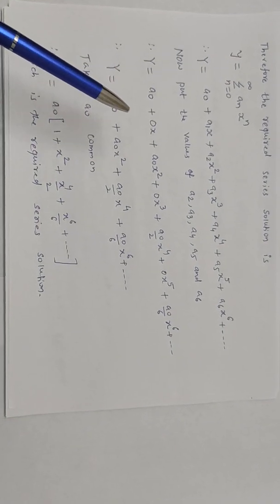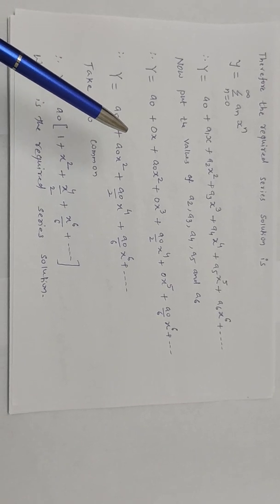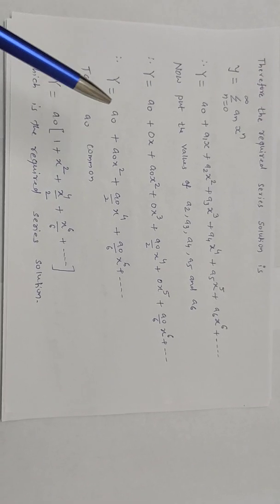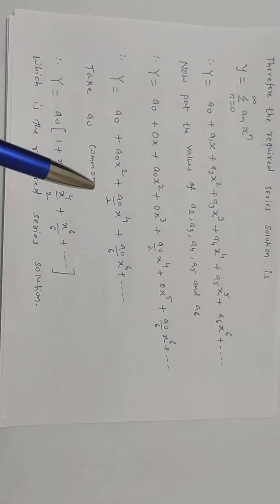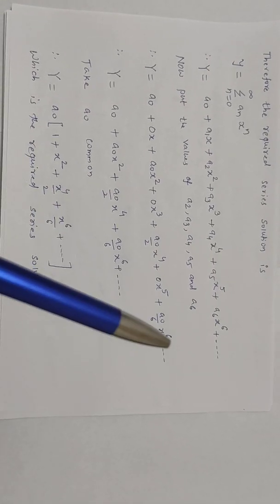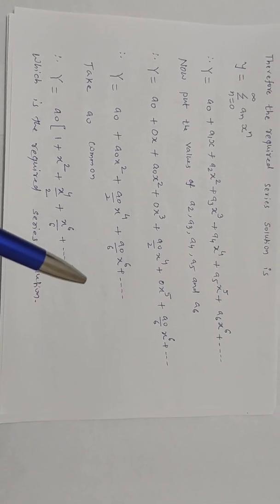So ignoring the terms containing 0, we have y equals a0 plus a0 x square plus a0 by 2 x raised to 4 plus a0 by 6 x raised to 6.